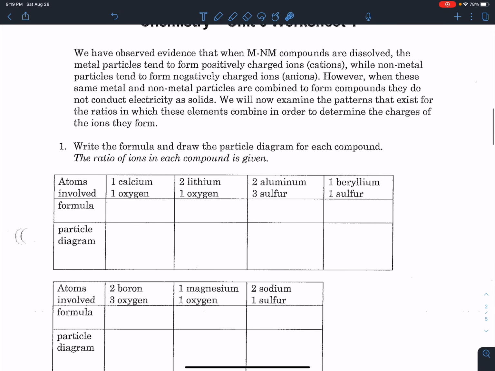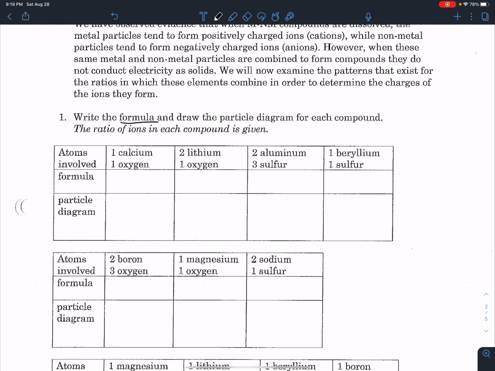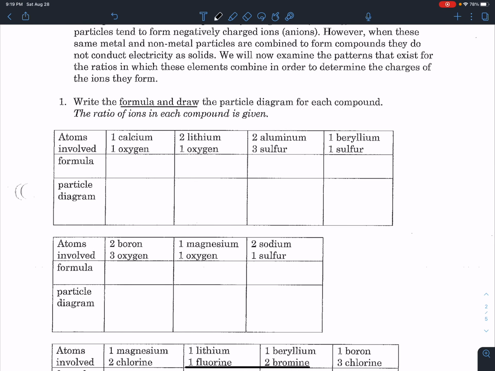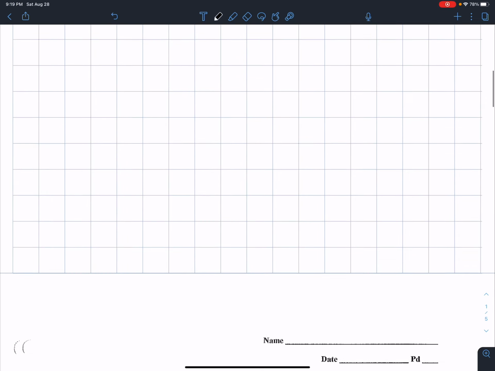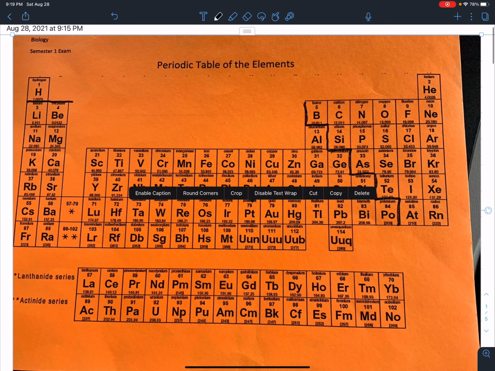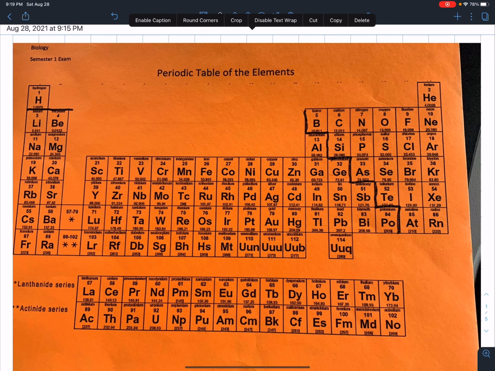So the homework starts by asking you to write the formula and draw a particle diagram. So a chemical formula is simply representing the chemicals given, but using the symbols from the periodic chart. So the first item says 1 calcium and 1 oxygen. Let's take a look at the periodic chart. Find calcium.